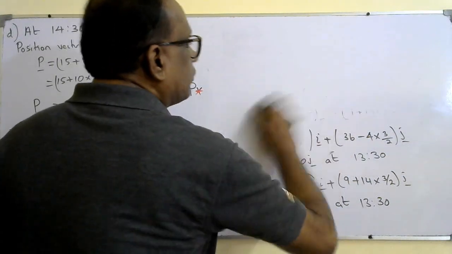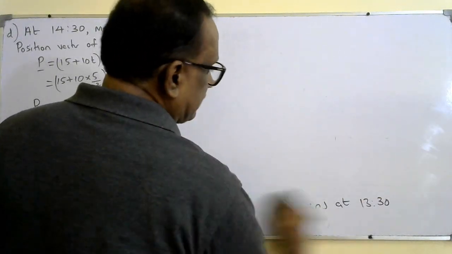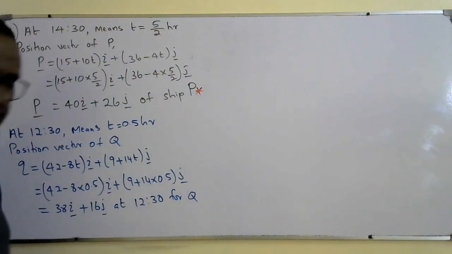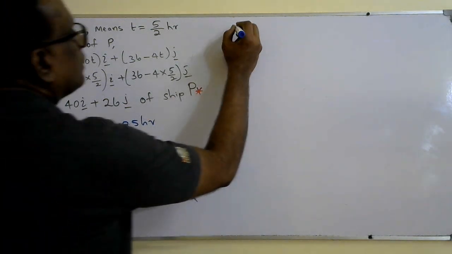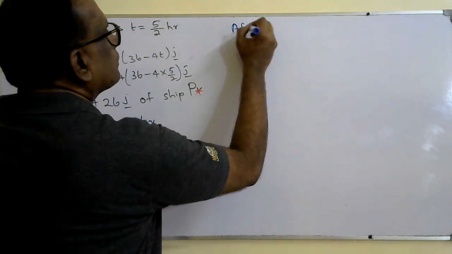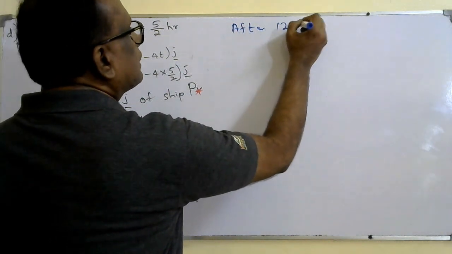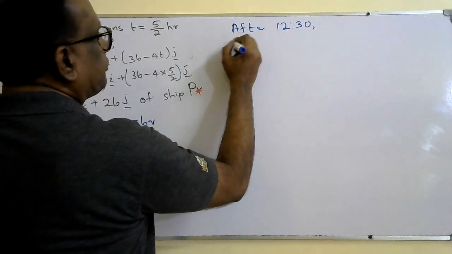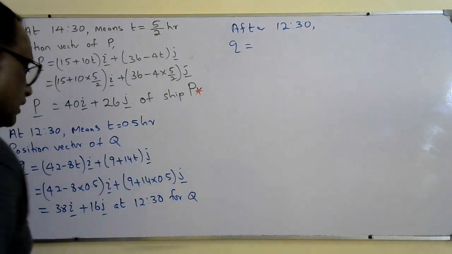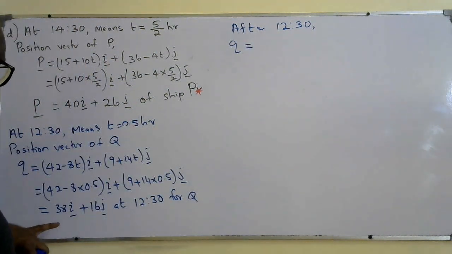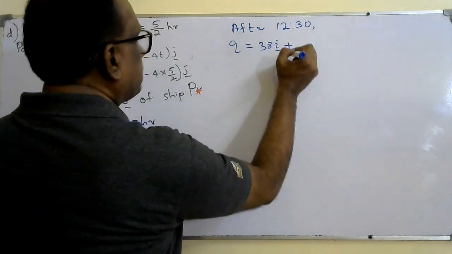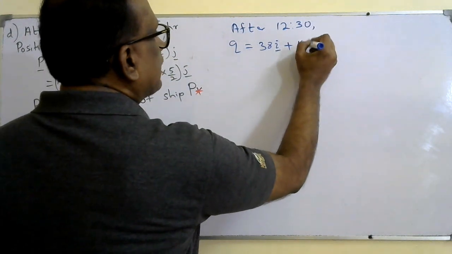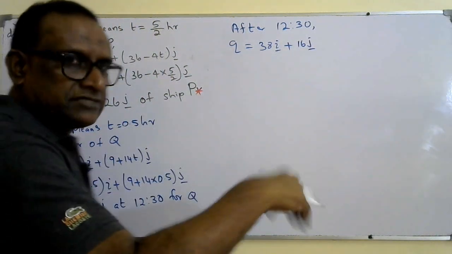Now after that, Q is changing its velocity to 15 km per hour towards north. So we'll find the position vector after this at time t. We'll get it in general format, then we'll substitute the time. After 12:30, the position vector of Q is the initial position plus velocity into time.